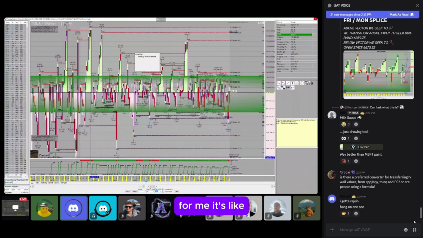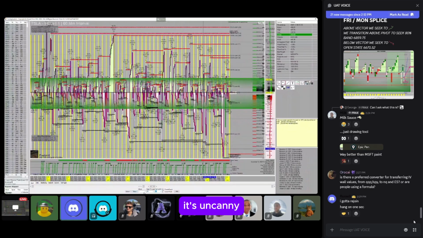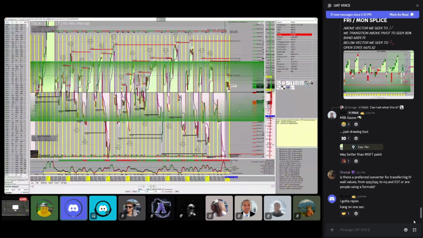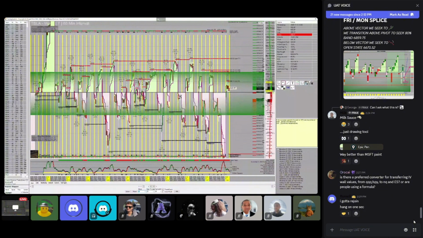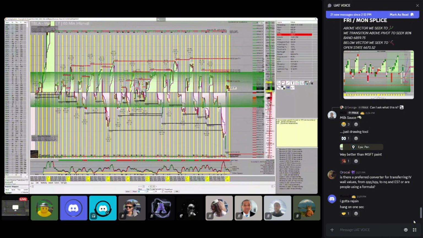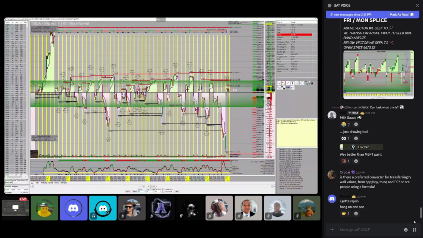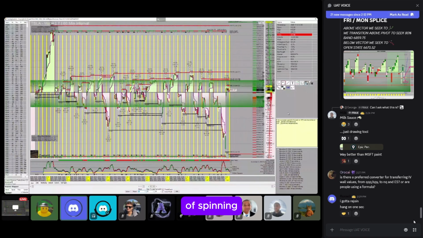For me, it's uncanny how it's been. We've had a few dropouts of the average, but for the most part, it's been spinning around the top line average and the bottom line average for a long time.